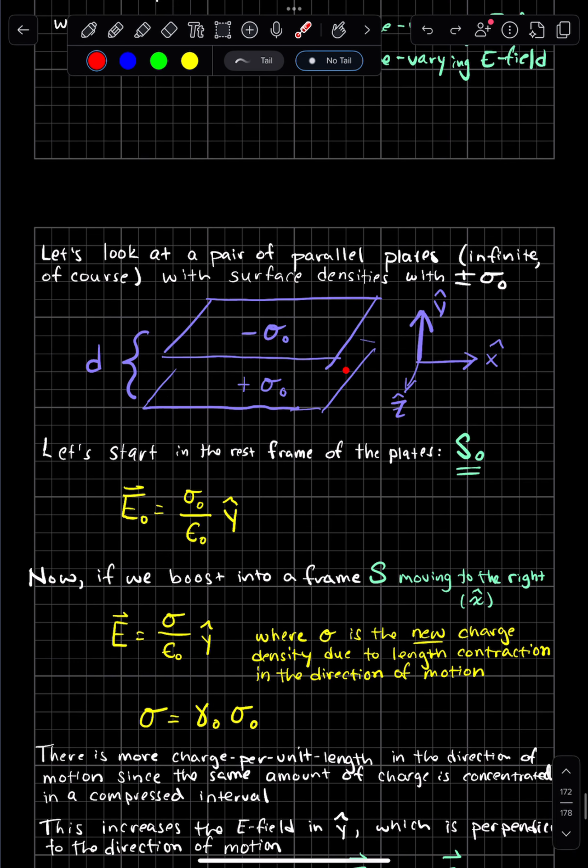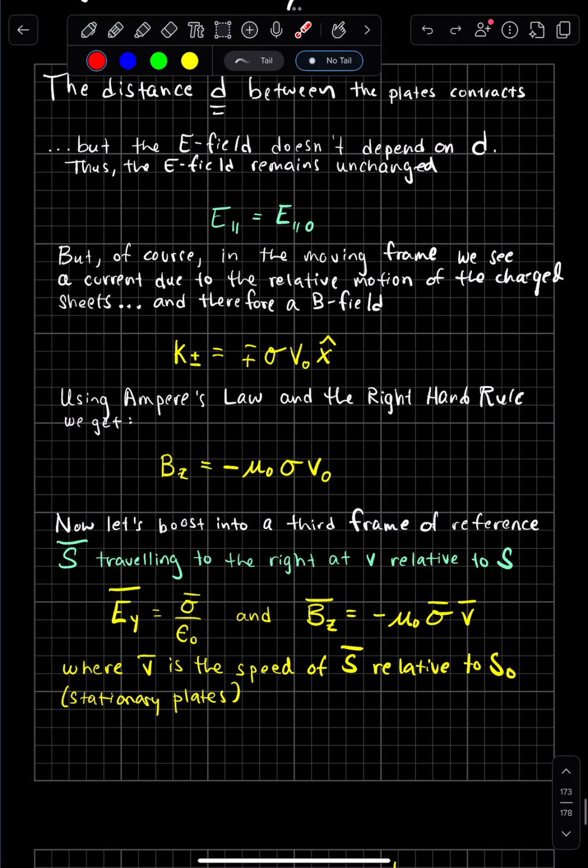We're going back to motion in the x direction, so we're in this frame S that's moving in the x direction. If we're moving in the positive x direction, then from our frame of reference we're standing still, and those two plates are moving backwards in the x direction.